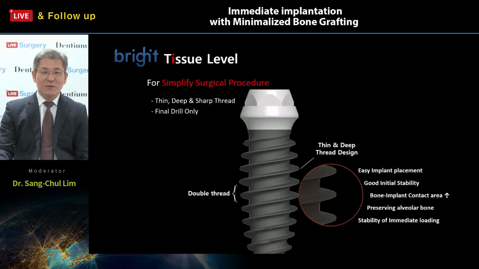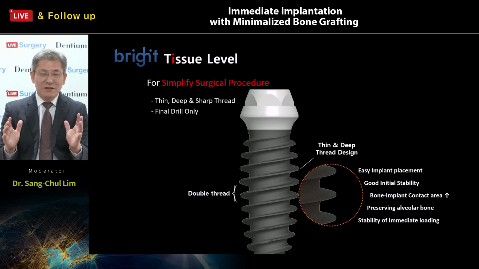About the Bright tissue level implant, as you know, this brand new implant system is unique and gives us a lot of interesting points and lots of benefits. First of all, the first unique point is here. The middle portion of the picture is a little bit wider than the apex and top portion.